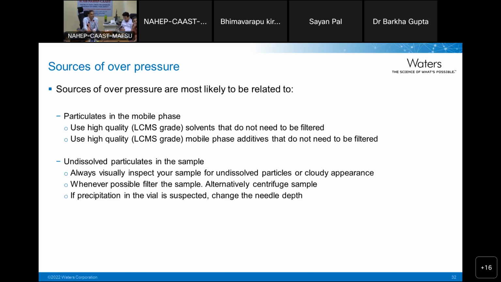If precipitation is suspected in your vial, change the needle depth. So the needle should not be allowed to go to the bottom part of your vial, as the bottom part will be containing all the precipitations.